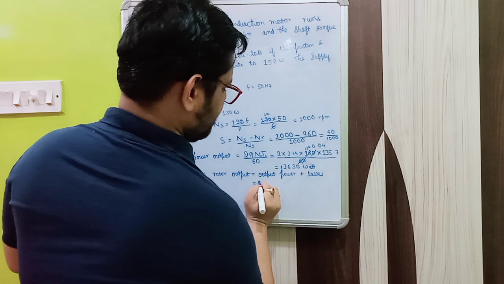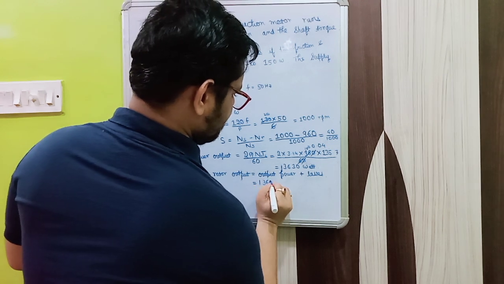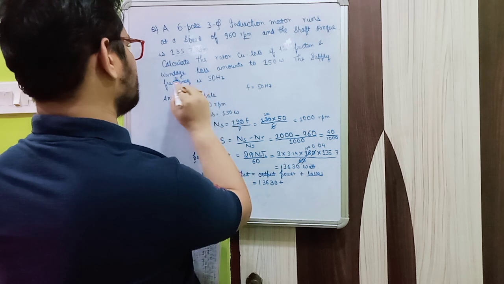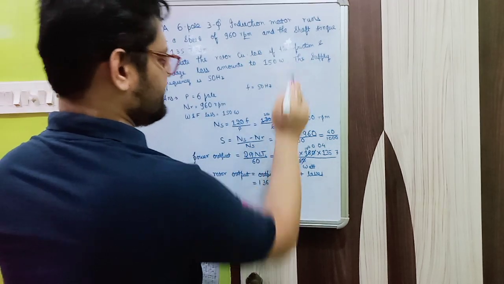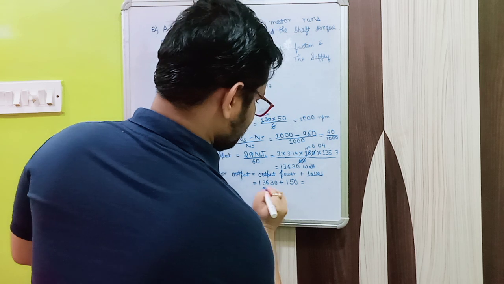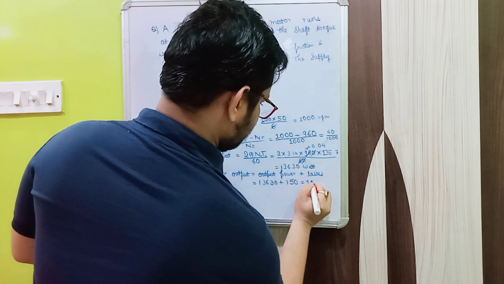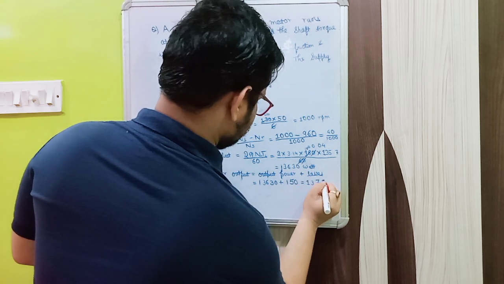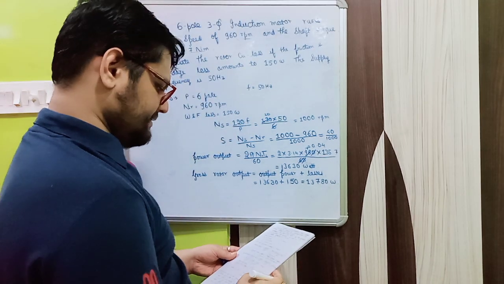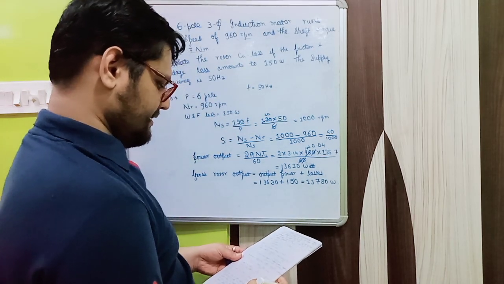We have just calculated it as 13630 watt, and we already know the loss. What is the loss? Windage and friction loss, that is given here as 150 watt. So if we calculate here, it is 13780 watt. So I hope you have understood. 13780 watt.